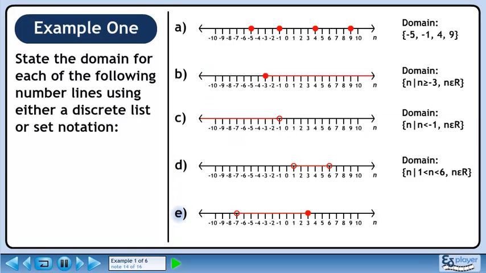The final number line has an open endpoint at -7 and a closed endpoint at 3. Using in-between notation, the lower number is -7 and the higher number is 3, giving -7 less than n less than or equal to 3. We'll use the less than or equal sign since there is a closed endpoint at 3.